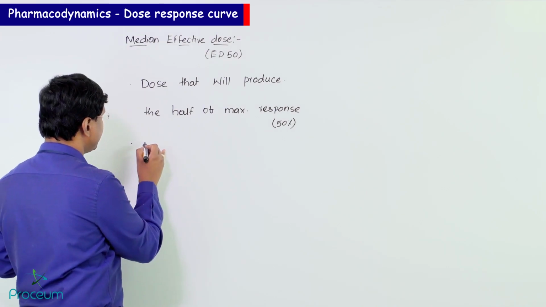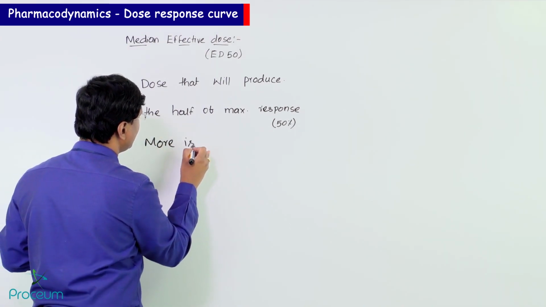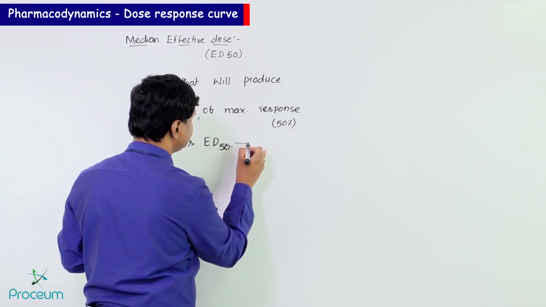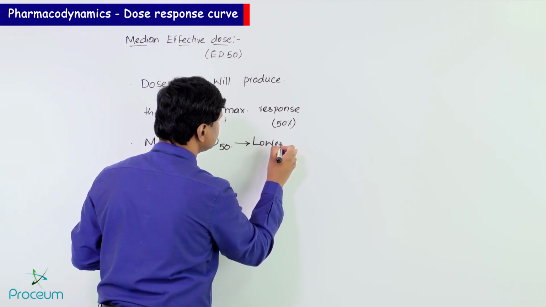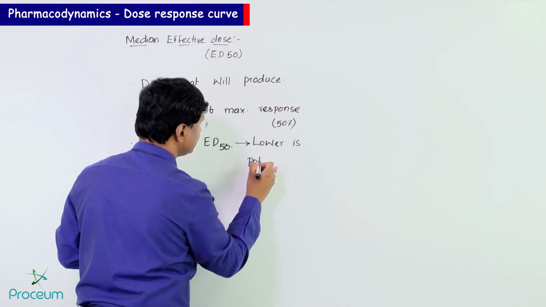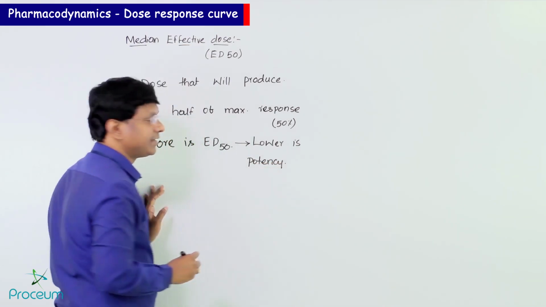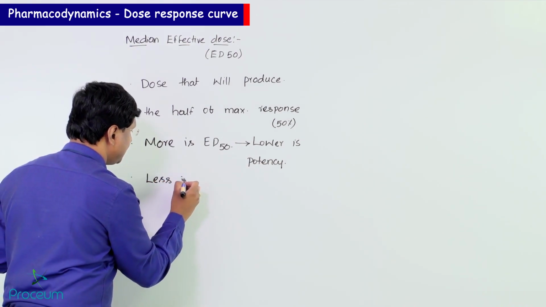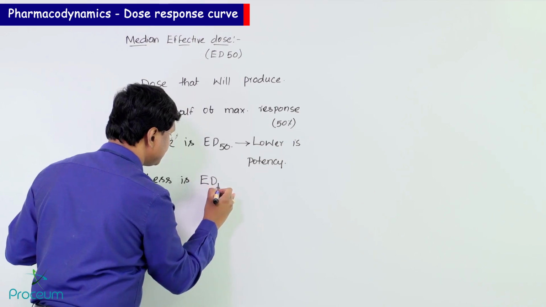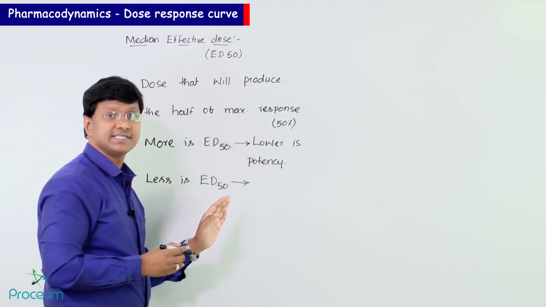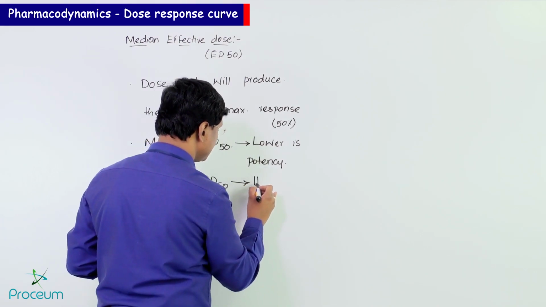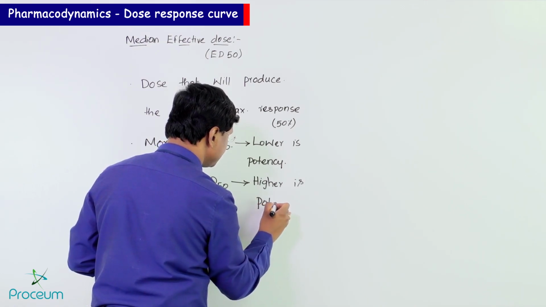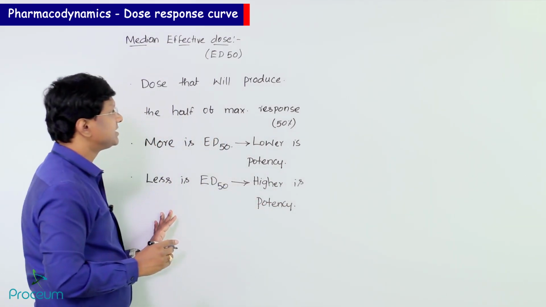So what I want to tell you here is, more is the ED50, lower is the potency, whereas less is the ED50, higher is the potency of the drug.